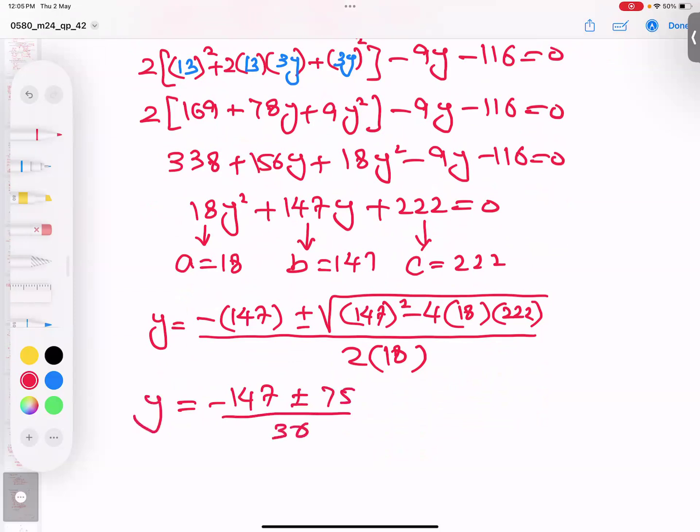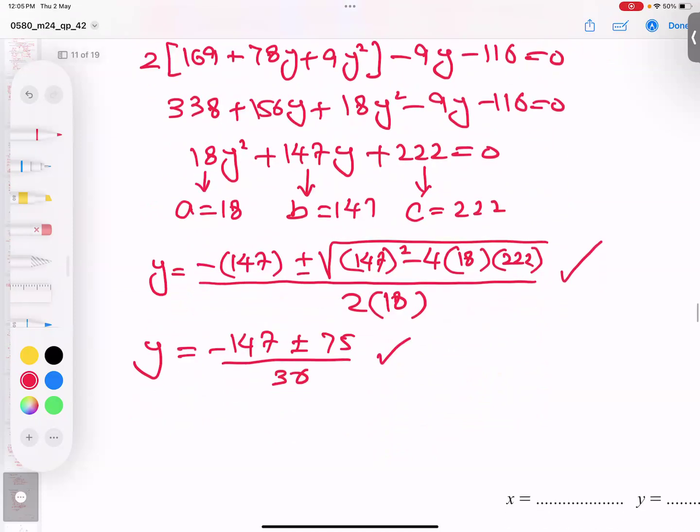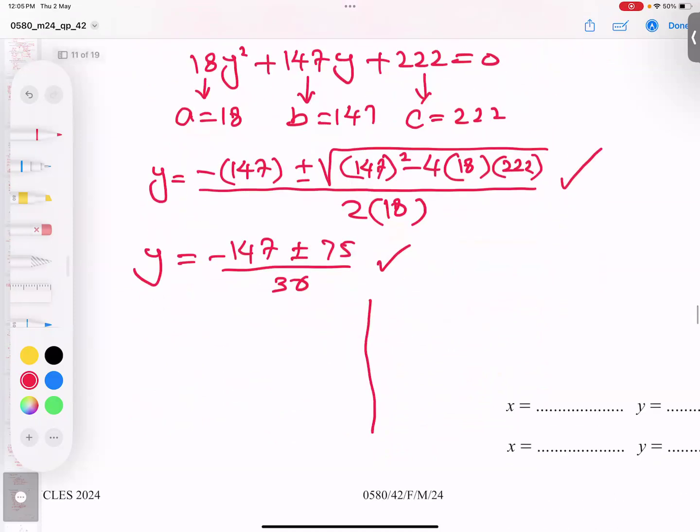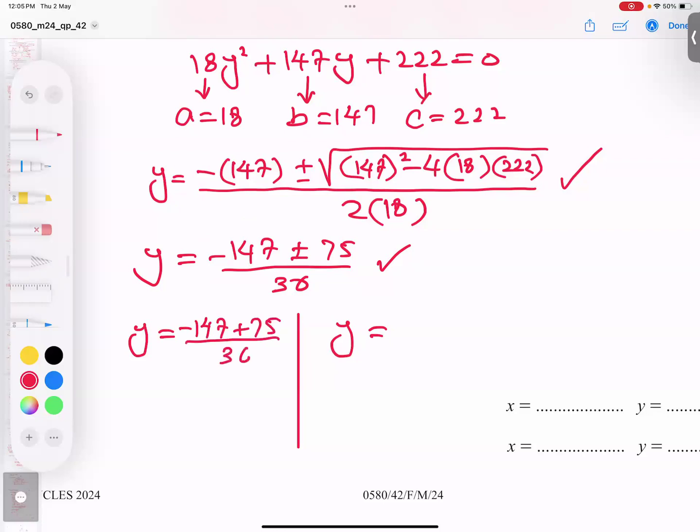At least you must show this working, and these 2 steps are compulsory. Now you can give the direct answer, no problem at all. Direct means you give the answer directly from here, 2 answers. You know how to get 2? One time use plus, one time use minus. So I'm using this whole. Look, I show once. Minus 147 plus 75 over 36. And minus 147 minus 75 over 36. And now I'm giving you the direct answers.